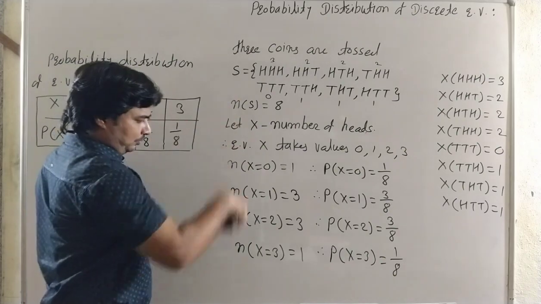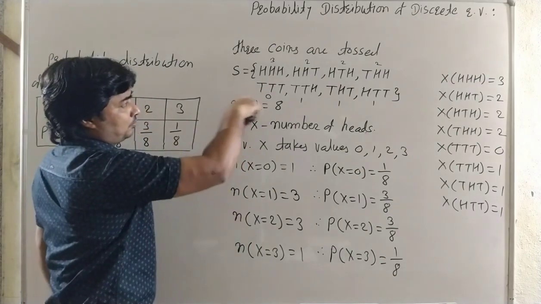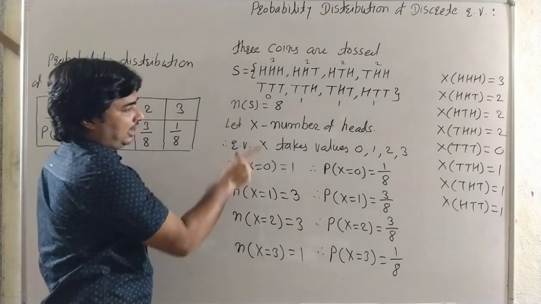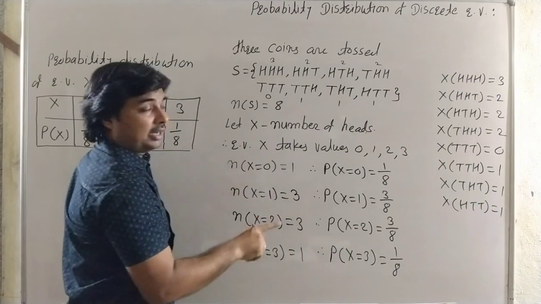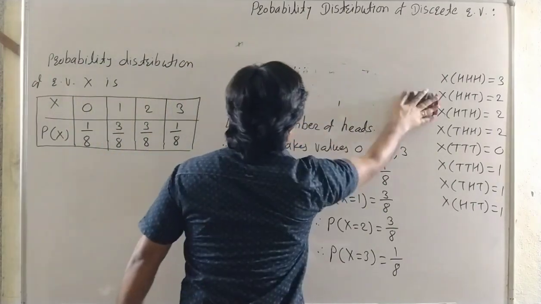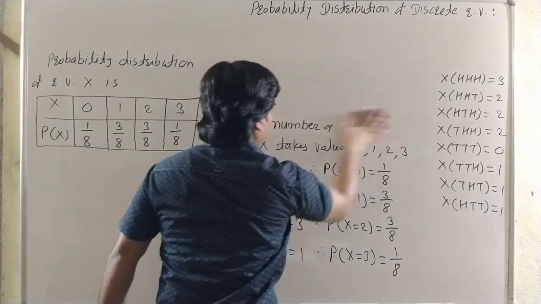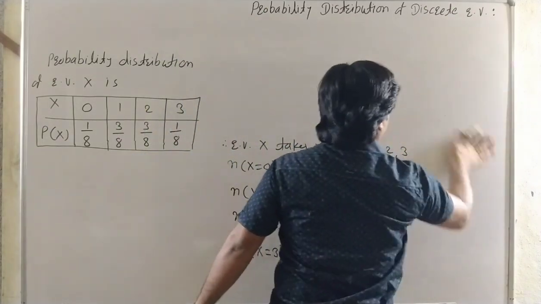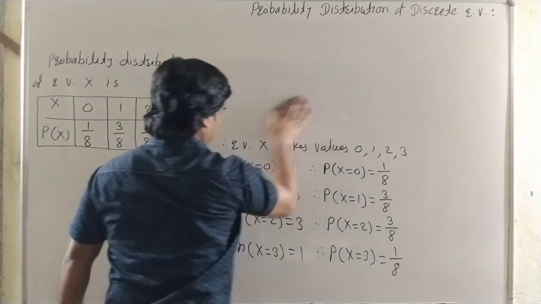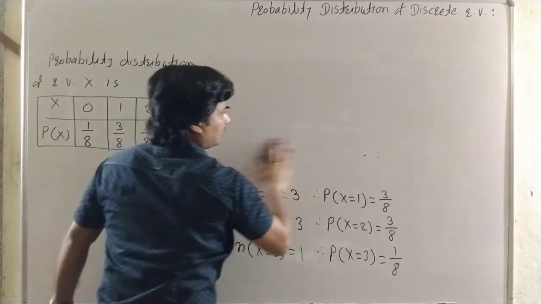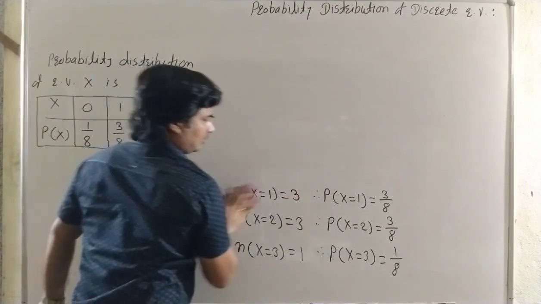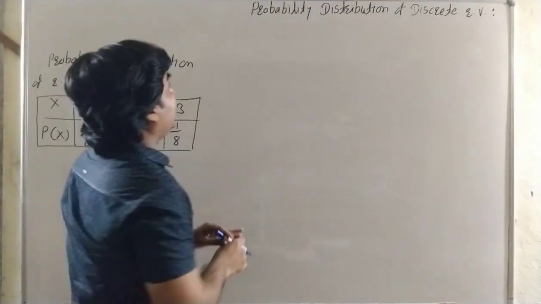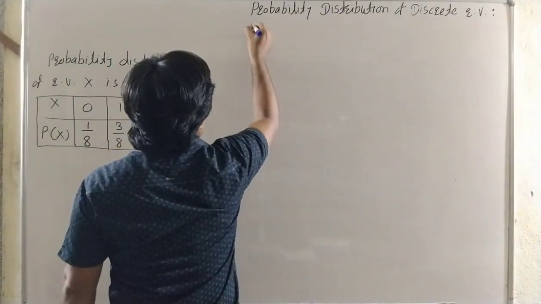Remember this, it is the probability distribution of the number of heads when 3 coins are tossed. Here we write the definition of the probability distribution.